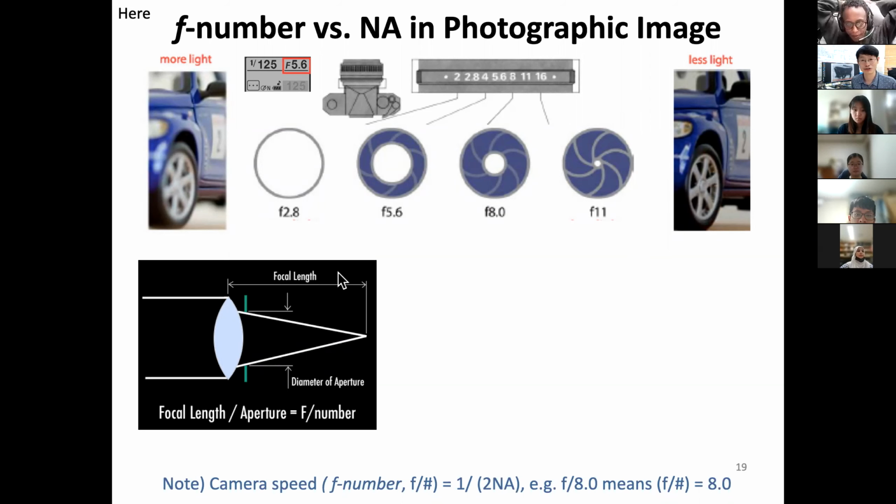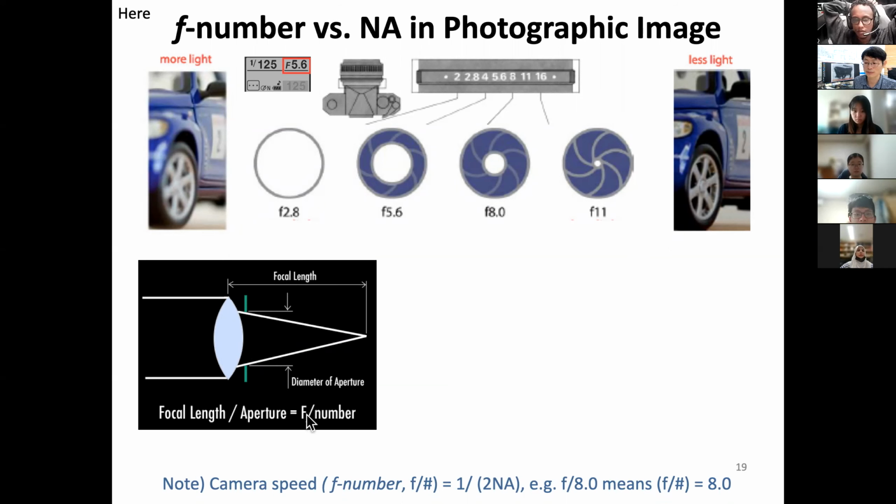Another parameter is the aperture diameter. This is in fact an aperture stop, right? So you just take the ratio of focal length and aperture diameter. Focal length divided by the aperture diameter, and let's define that as the F number. So what does that mean?